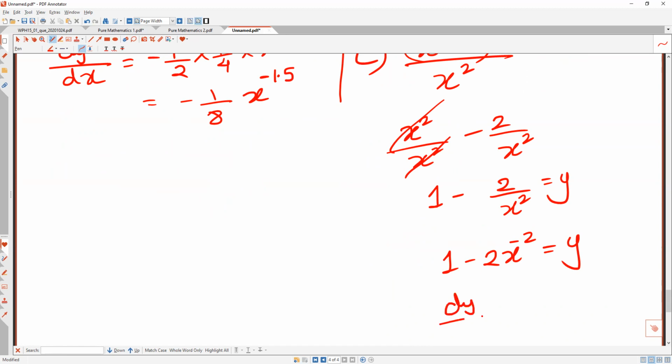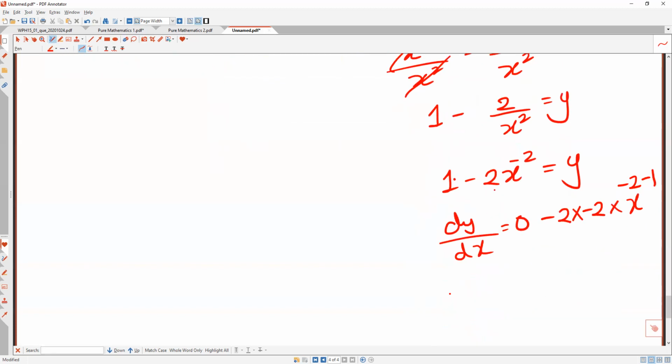Now let's do dy by dx. The differentiation of 1 is 0, and for minus 2 x raised to minus 2, the power comes down and the power becomes minus 3, so you are left with plus 4 x raised to minus 3.